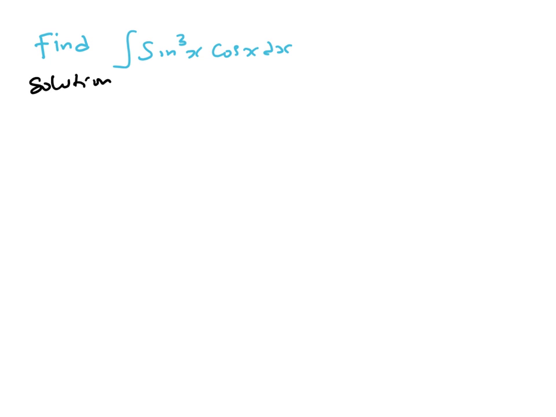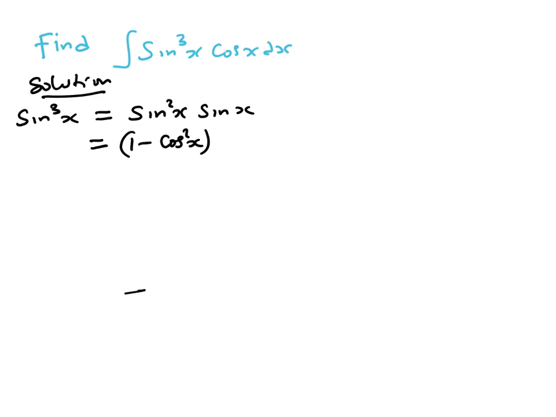In the solution, we know that sine cubed x is the same thing as sine squared x times sine x. This sine squared x can go to cosine by the Pythagorean identity, so it is 1 minus cos squared x, then times sine x.